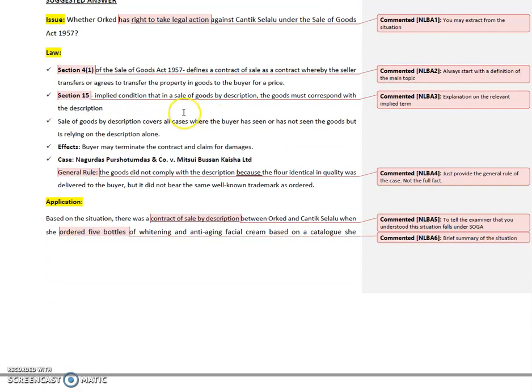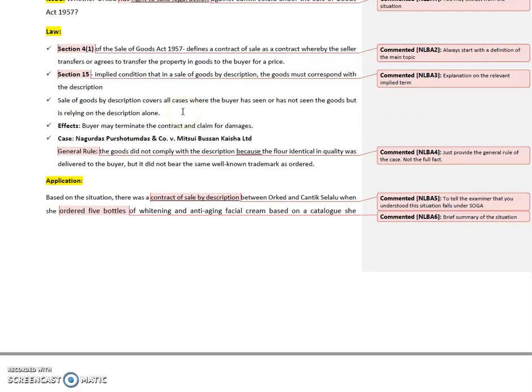For law, the next paragraph is law. Same as before under law of contract, the first thing that you have to do is define. So under sale of goods, you have to define a sale of goods contract based on section 4, subsection 1 of the Sale of Goods Act 1957.